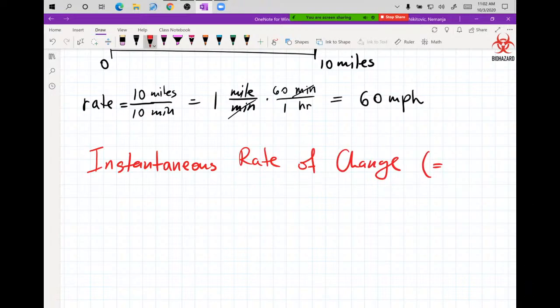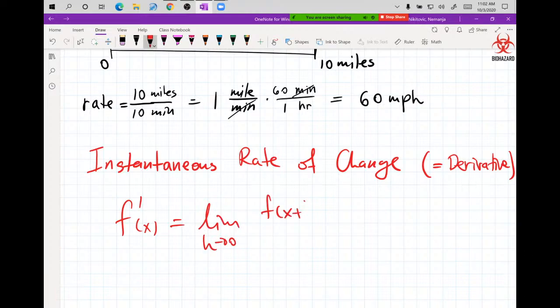Is your derivative. So instantaneous rate of change will be given by f prime of x is equal to the limit as h goes to 0 of f of x plus h minus f of x divided by h.